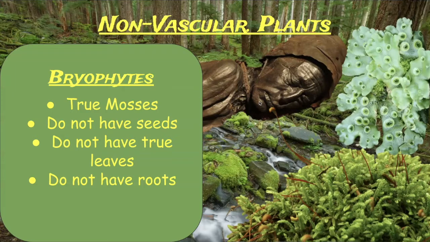And when you have these sphagnum mosses or different mosses that produce these bogs, they're very acidic. Because of that, they can actually preserve people and different organisms, just like this guy who's over 500 years old, and you can still see all the details in him because of how he was preserved by these plants.